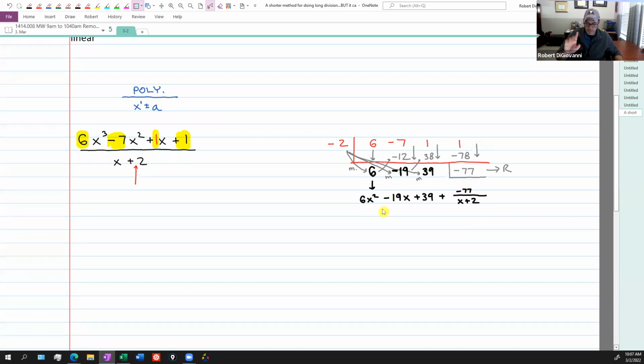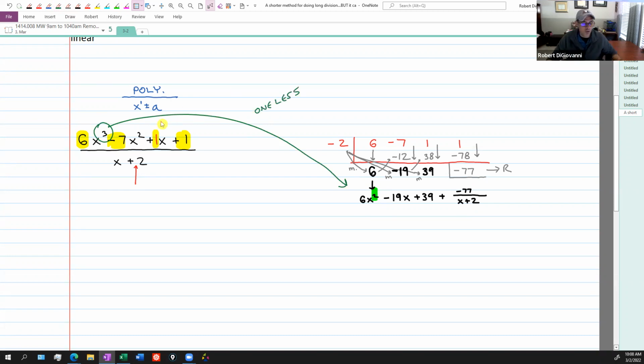Now, a little subtlety here. Why did I put 6x squared here and not 6x cubed, or 6x to the 4th? The reason is that when you do synthetic division, the power on the x in this first number will always be 1 less.